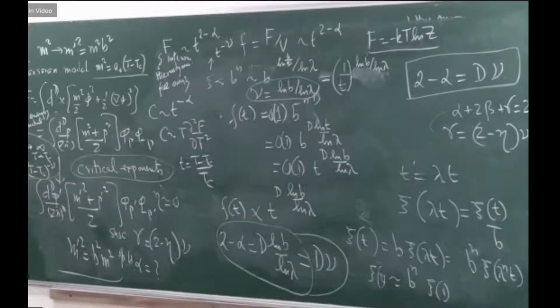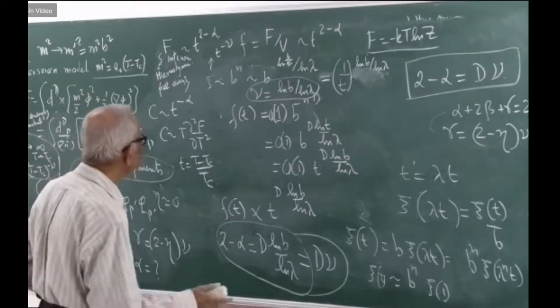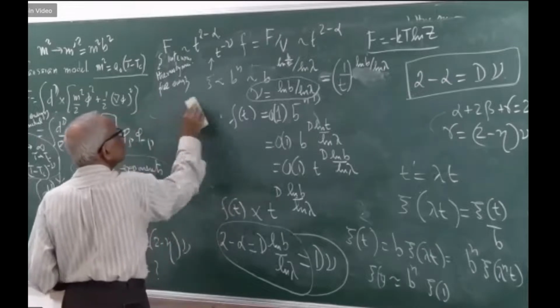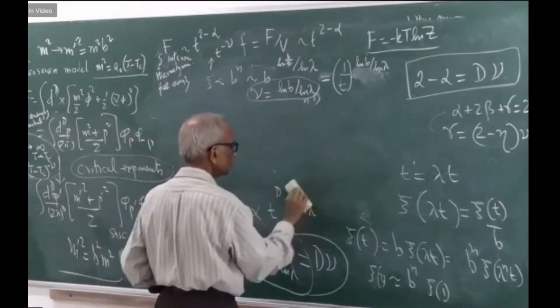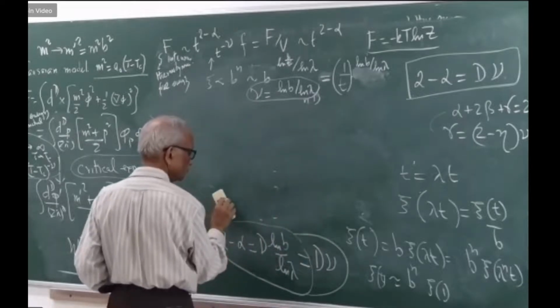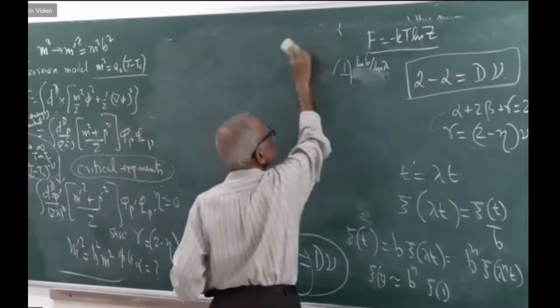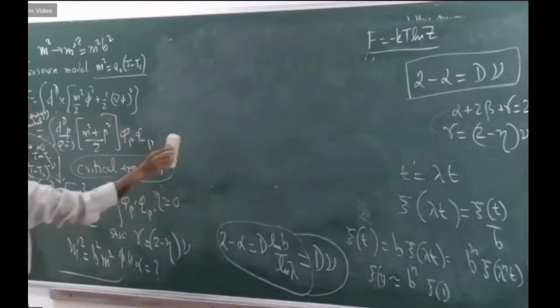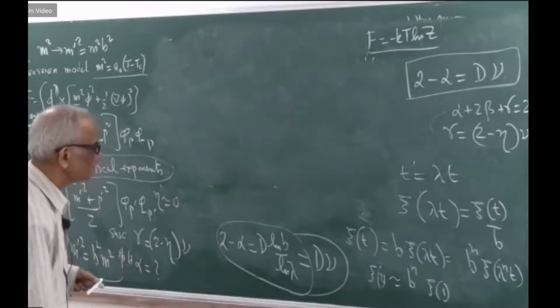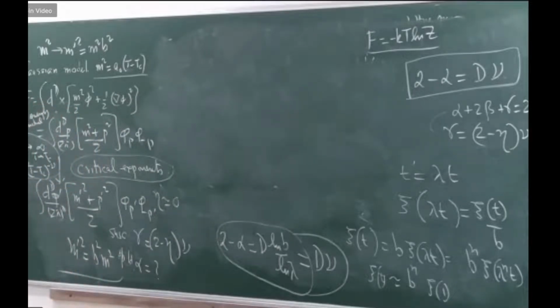I went through the 2 minus alpha relation for a very specific reason, as you will very soon see. So the question is, what is this nu?